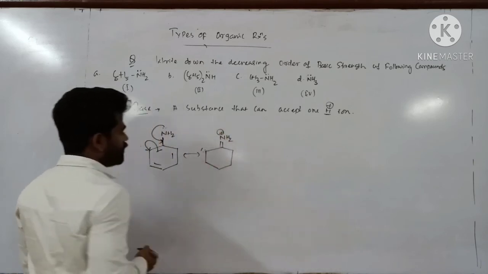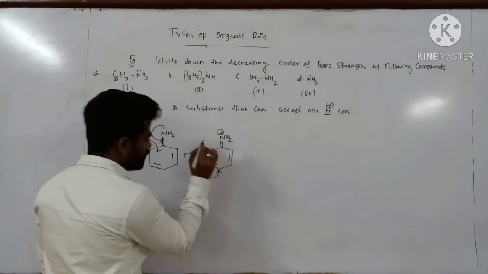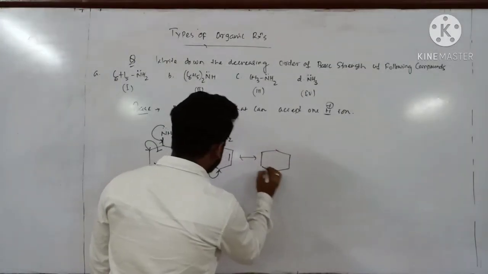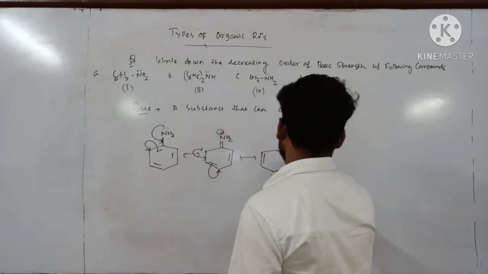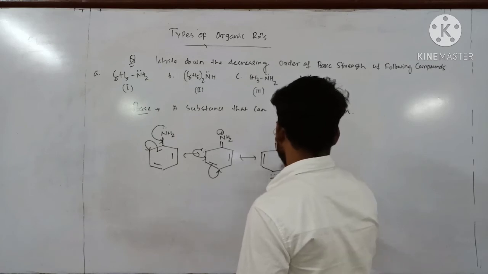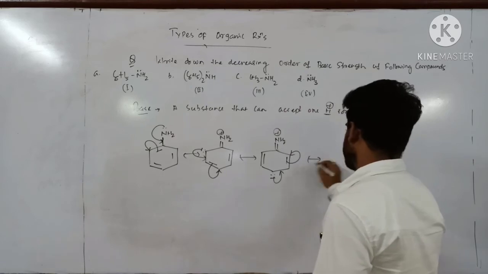Nitrogen becomes positively charged. Now this negative charge comes here. Now here will be a double bond, pair of electrons, negative charge, double bond, NH2 positive. This negative charge comes here again, this goes like that.